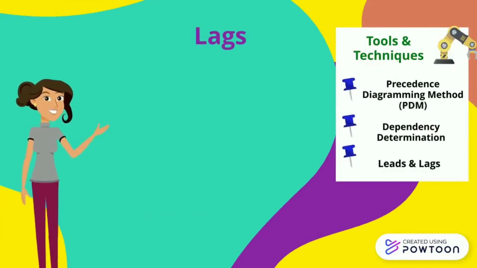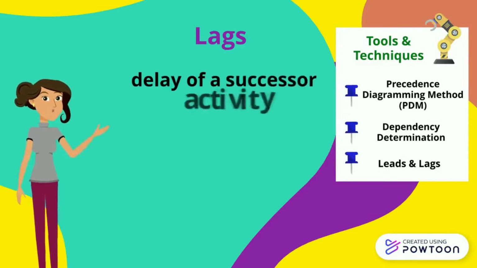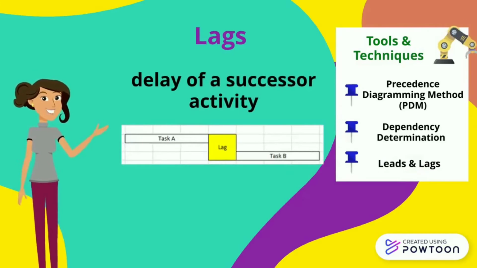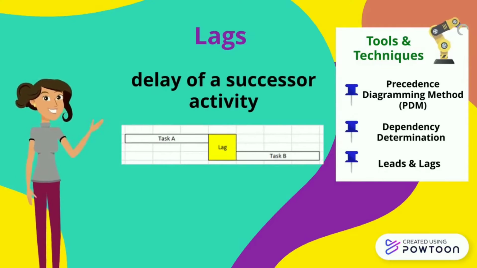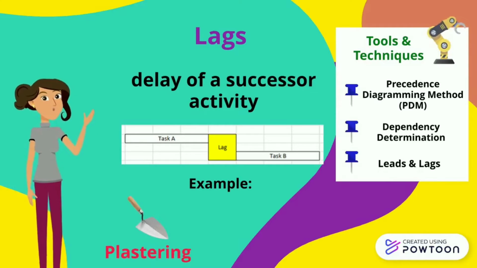Next is lags. Lag is the delay of a successor activity and represents time that must pass before the second activity can begin. For example, after plastering the wall is complete, you need to wait for the cement to set before paint can be applied.